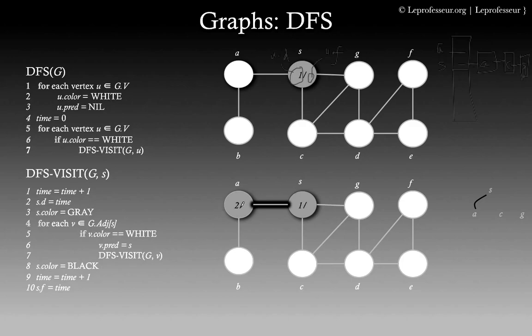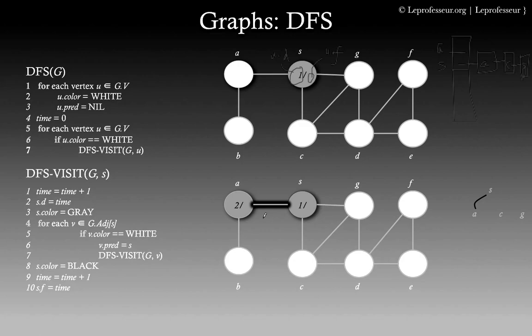So make its color gray, and you update its time. Time is equal to time plus 1, that is 2. Then you can pictorially see as from S we went to the A. We could go to C, G, but we went to A. That was the first in our adjacency list.